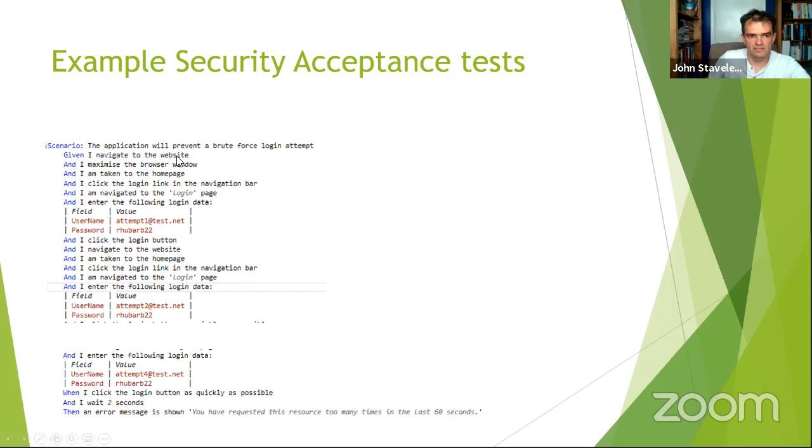So it's navigating to the website, it's checking that it's taken to the home page, it's clicking login, it's putting in attempt 1, blah, it clicks login, ignores the error when it says it's not logged in, attempt 2, attempt 4, and then it asserts that you have requested this resource too many times in the last 60 seconds. So it's checking that the brute force attack will fail in a practical way.